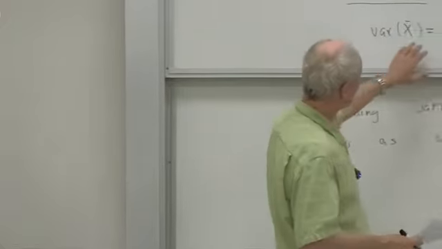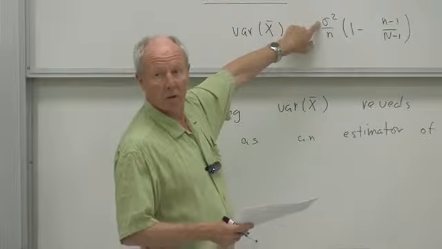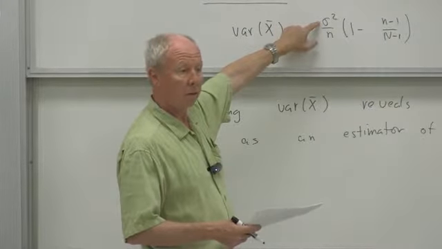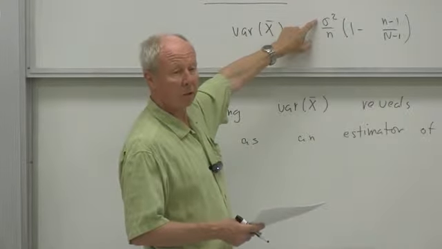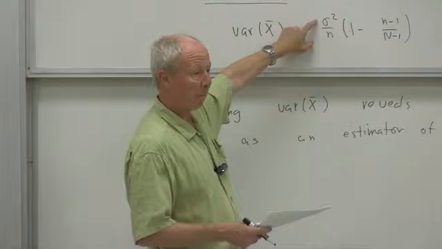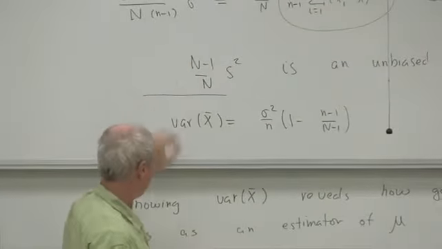And the problem with this formula for variance of x bar is we don't know sigma squared. So we have to estimate it. Well, what do we use to estimate sigma squared? Well, this thing, right?